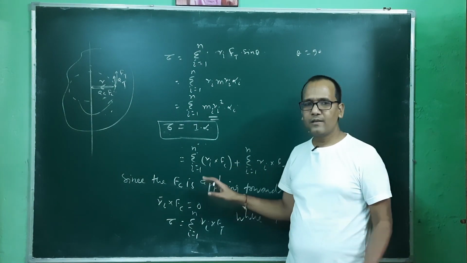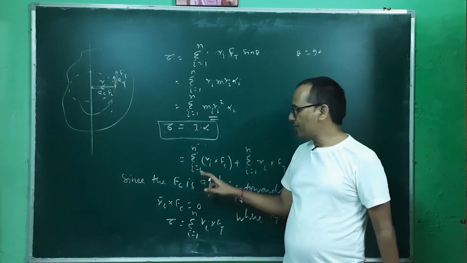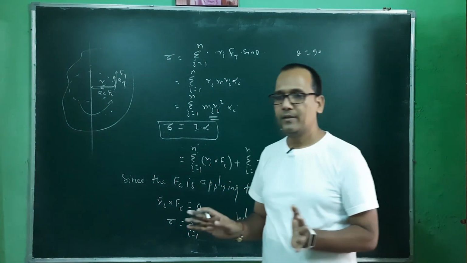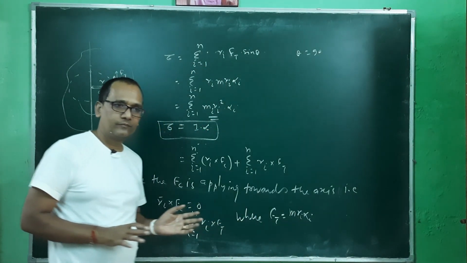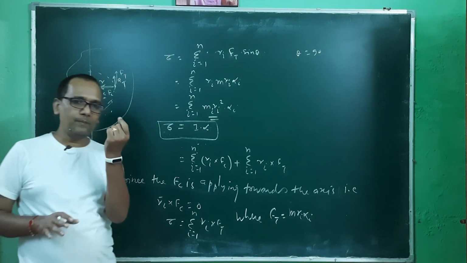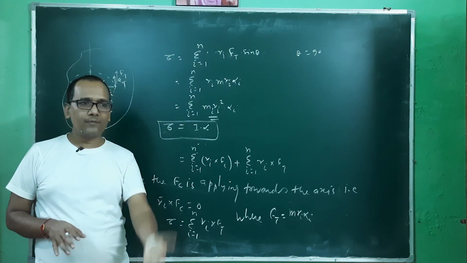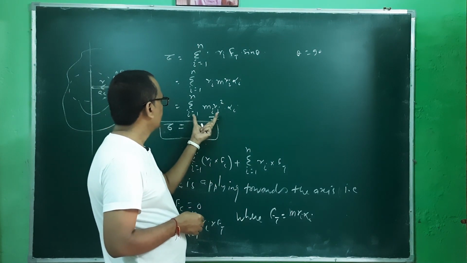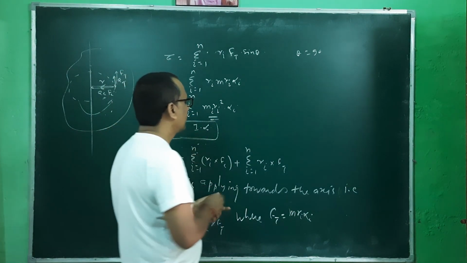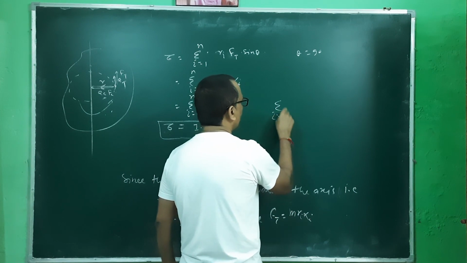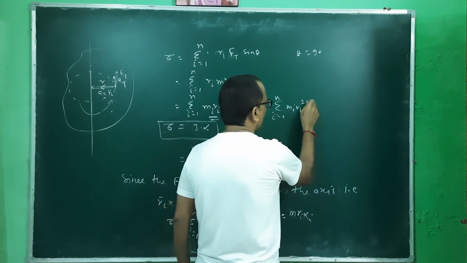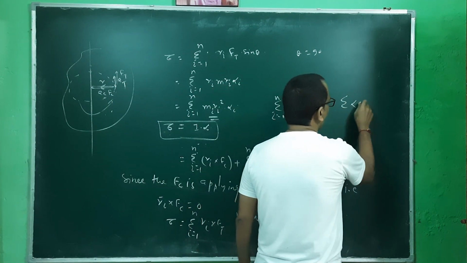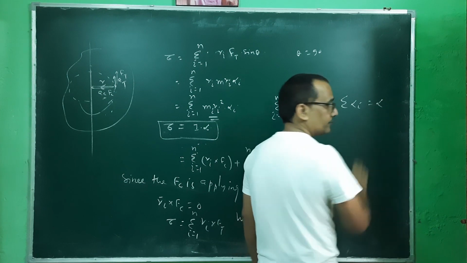So do not hesitate to write for the n-body system. There is just one single change in that equation: you have to take the summation term. Otherwise, all the physical formulas are identical. Just start from one single particle and transform that for the n-body system. For the complete body, the summation of mi Ri square is equivalent to I, and the summation of alpha i is equivalent to alpha, for the overall combined system.